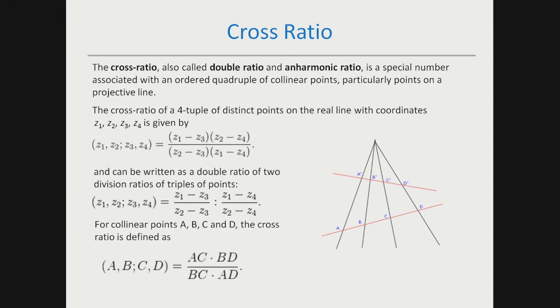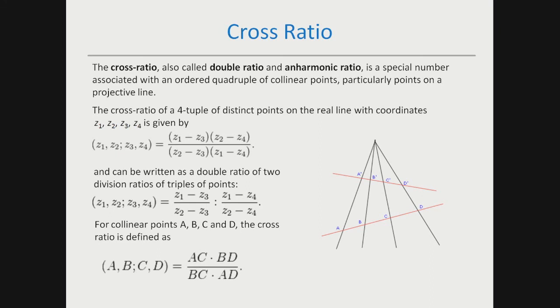So we have the 4 combinations of these 4 numbers, and this is why it is called the double ratio. If we write it as Z1 minus Z3, Z2 minus Z4 divided by Z2 minus Z3 and Z1 minus Z4, this is a ratio and this is a ratio, and this is a ratio of a ratio.